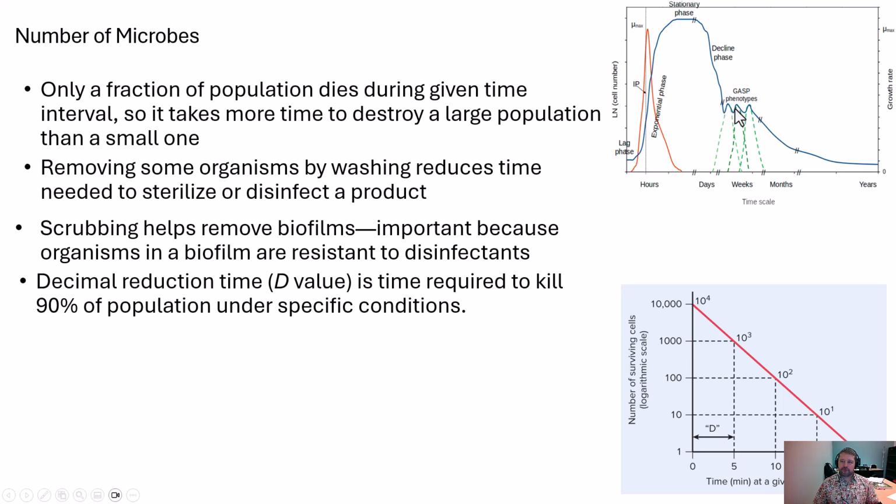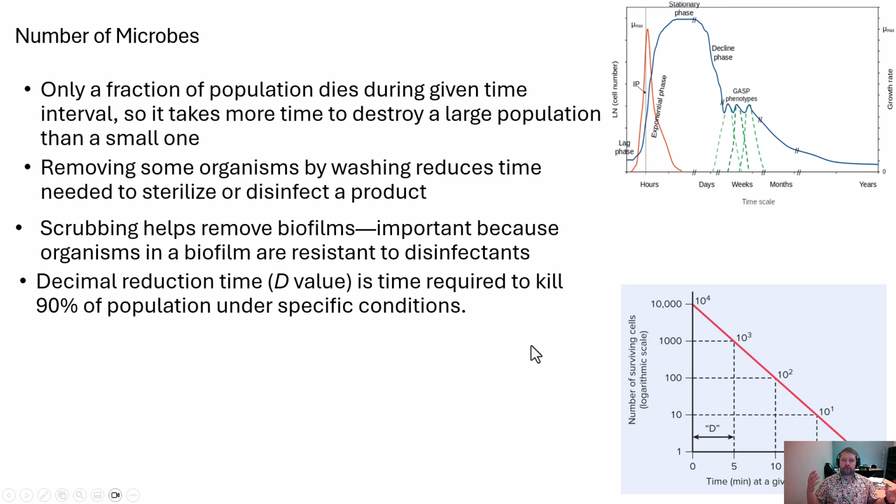And then you get a bunch of bouncing around. They prolong, they stay for a long period of time. If conditions get better, they could shoot back up into exponential phase. But that's not what we want to see. We want to see a reduction time, a D value, that's going to reduce it by 90%.